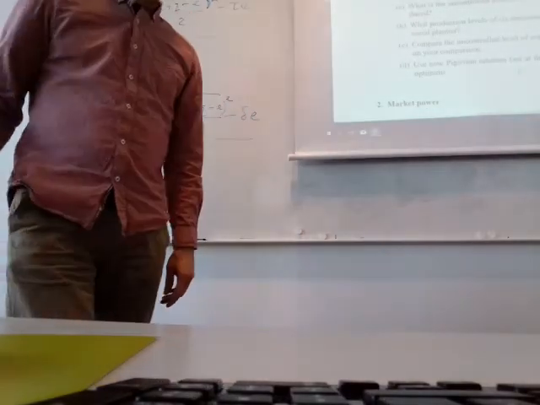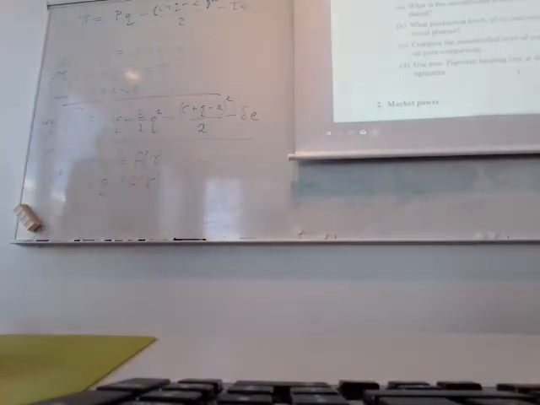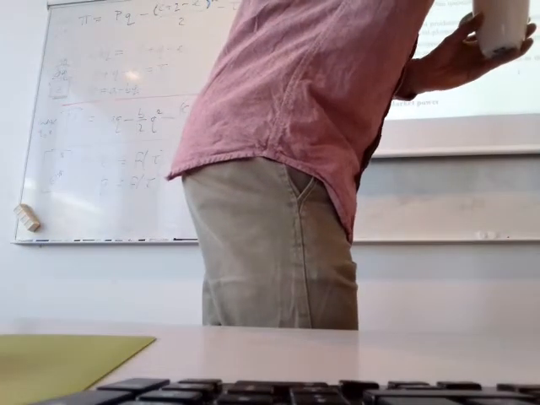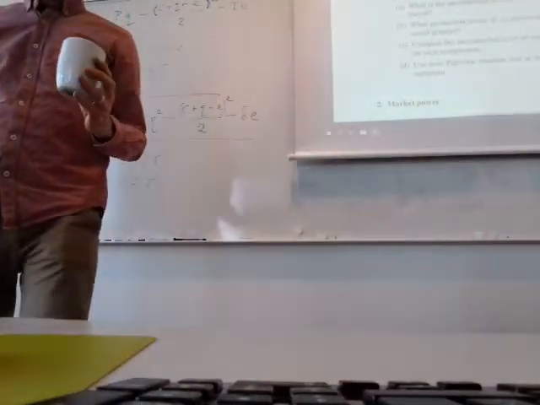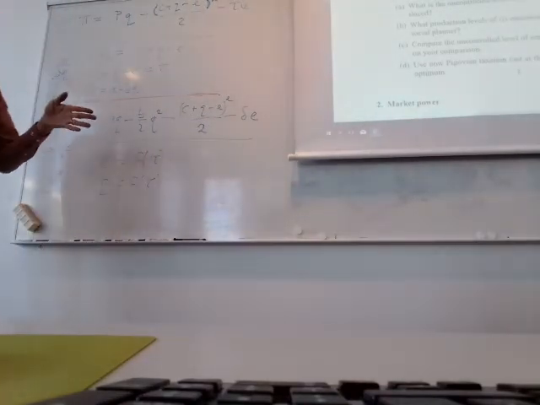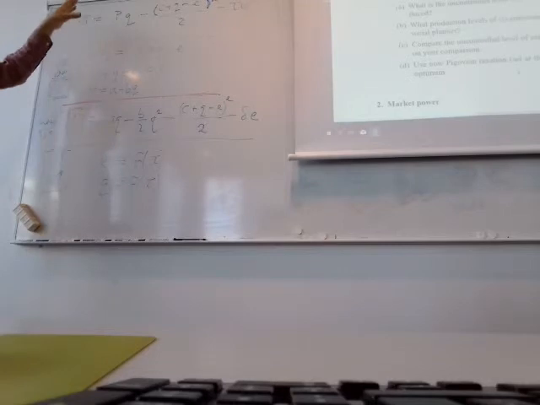Like all these questions, so much is about setting up the optimization problem. But a key thing is when you're thinking about the planner's choices, you need to think, what is the planner doing?